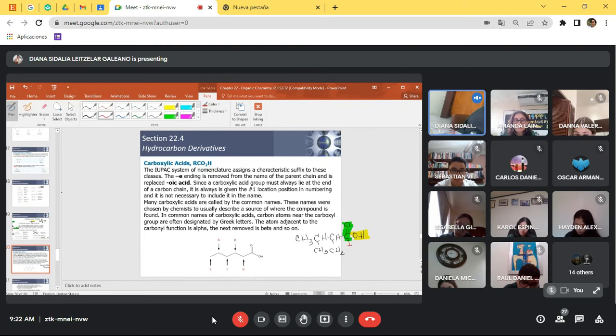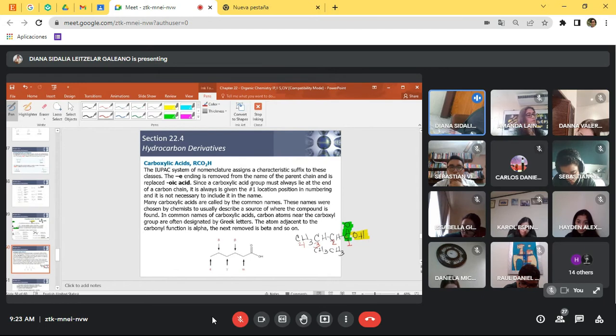Then we go to the second carbon, which will be 2, 3, and 4.